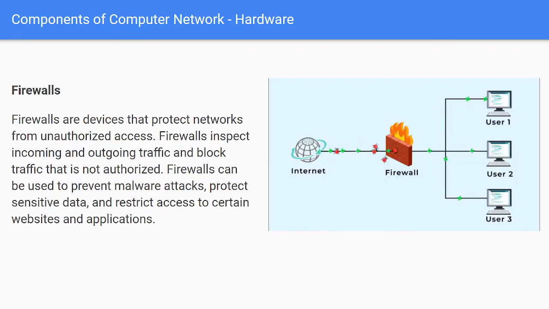So let's go. We have the firewall. Very important. This is one of the most important and basic ways of protecting a network. So what are firewalls? Firewalls are devices that protect networks from unauthorized access.